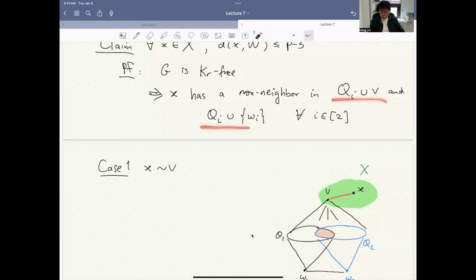So in all these R minus 1 cliques, X must have a non-neighbor. Now, since X is adjacent to V, the non-neighbor of X in these cliques must be in Q1 minus Q2.